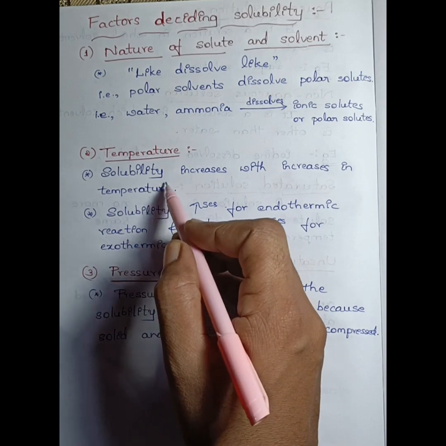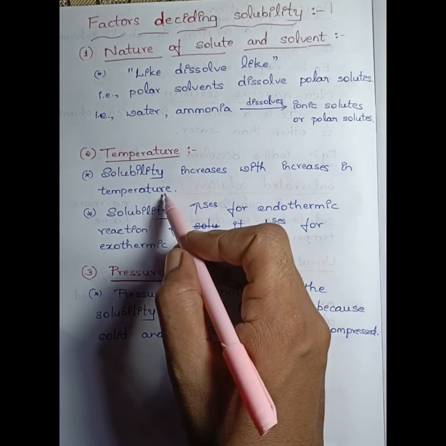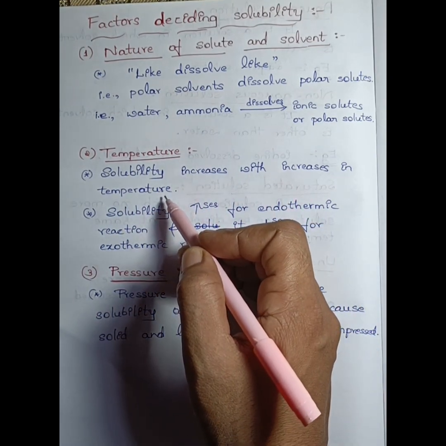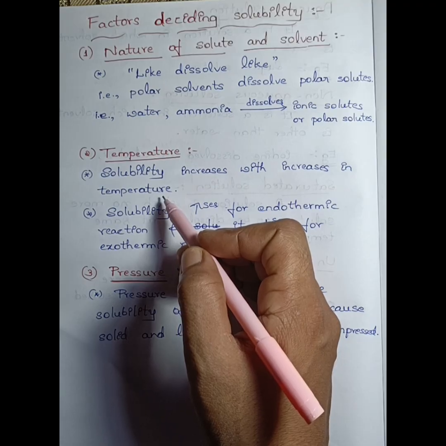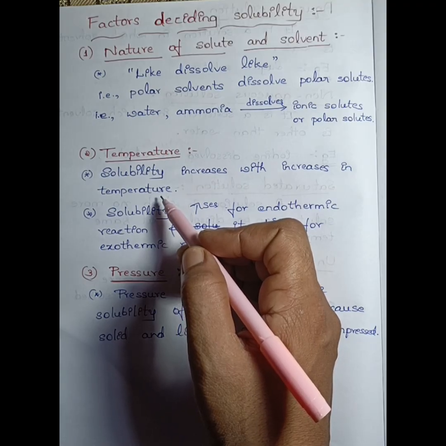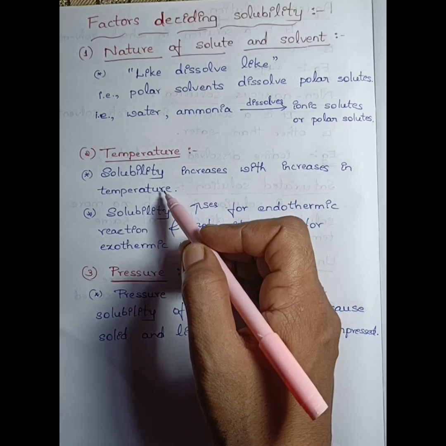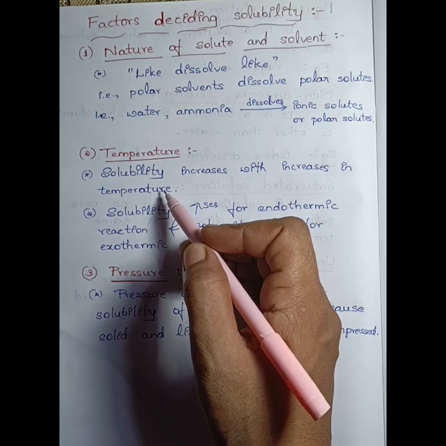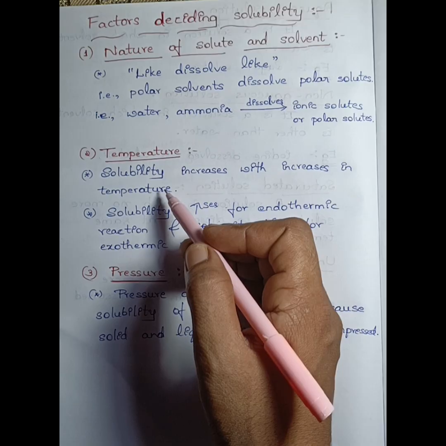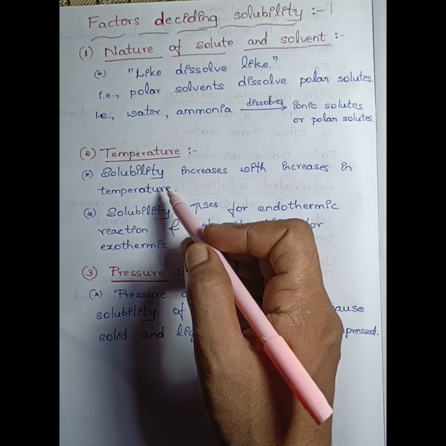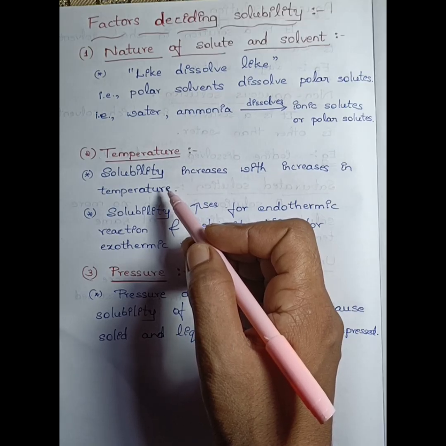Here solubility increases with increase in temperature. If you consider sugar solution, at a particular point it will attain its saturation level, right? If you heat that solution, or increase the temperature, again some more sugar will dissolve in that solution.